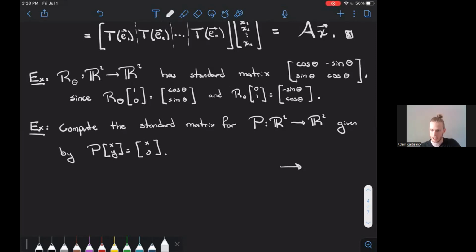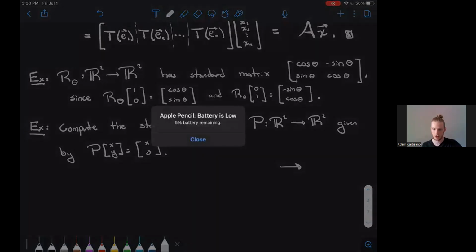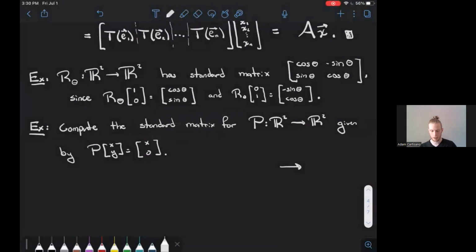It'll be cosine theta is the x coordinate and sine theta is the y coordinate, of course. So there's no mystery as to what it does to the standard unit vectors. And if you know what it does to standard unit vectors, you can compute its standard matrix.